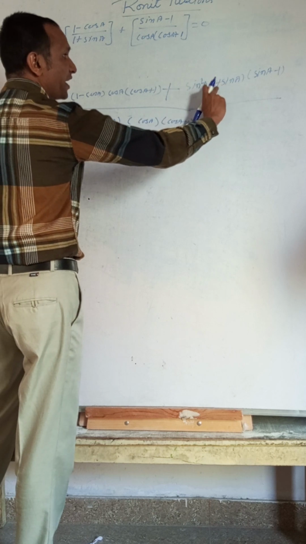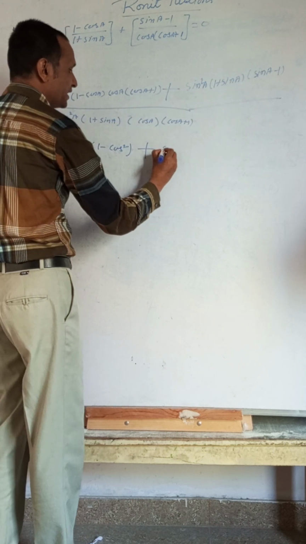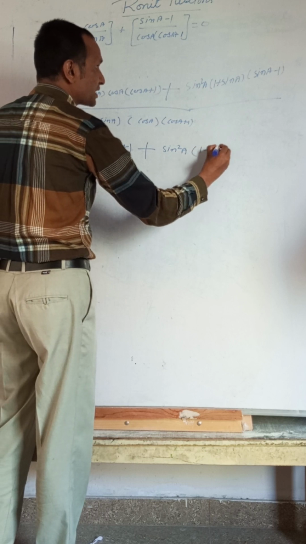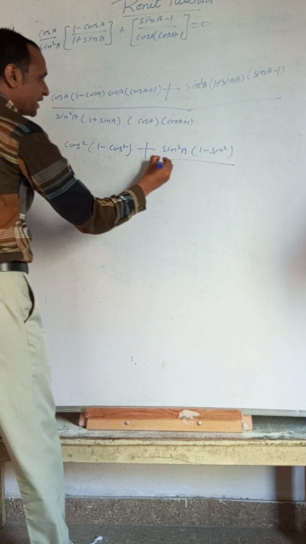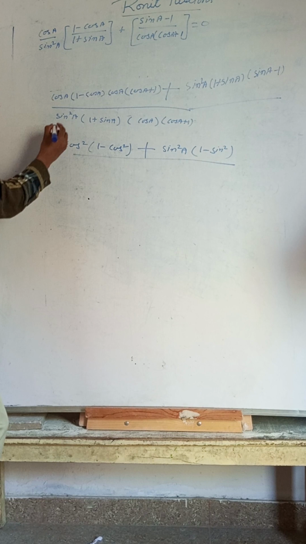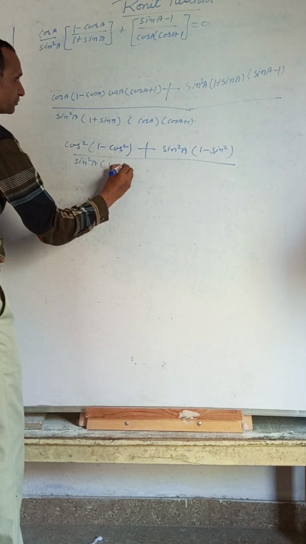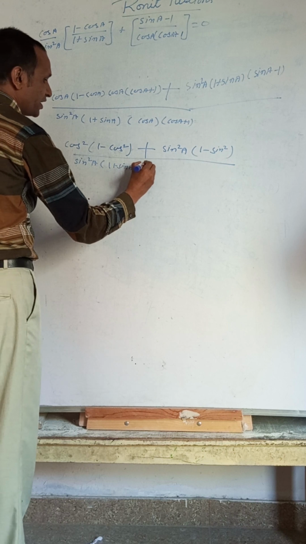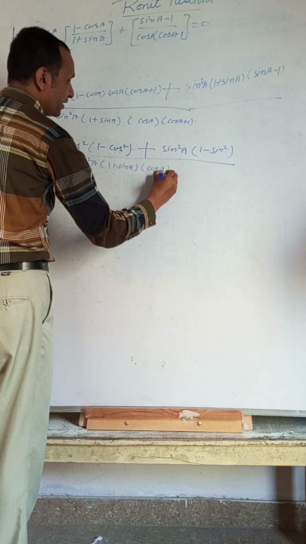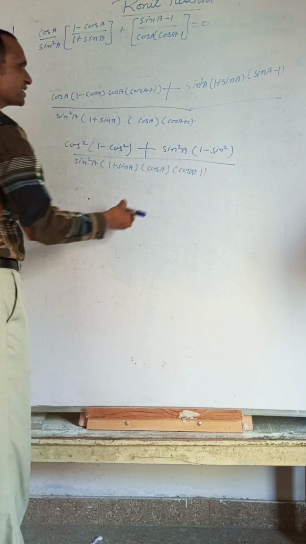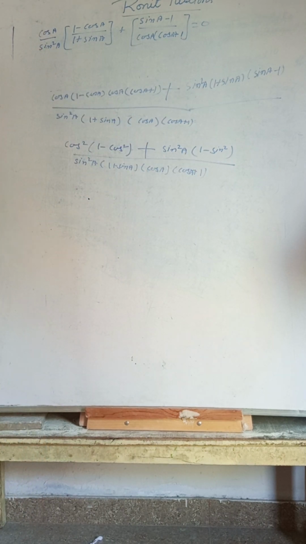In that side also, A plus B, A minus B: sin square as it is, sin square A, that side 1 minus sin square. Downside as it is, whatever that is the same: sin square A, 1 plus sin A into cos A into cos A plus 1. Whatever this denominator is, as it is written.